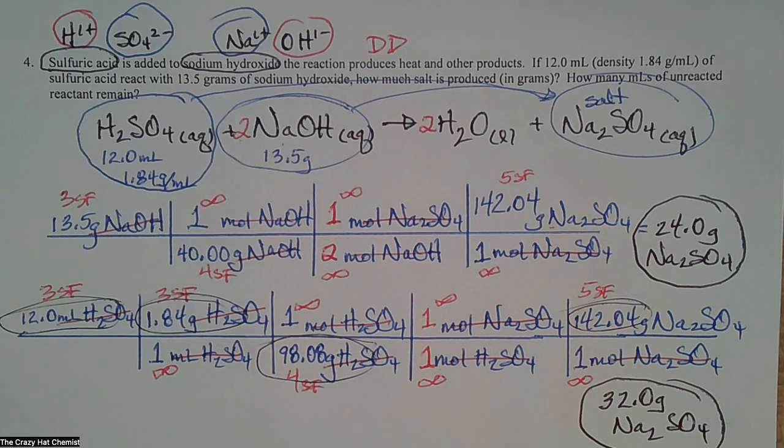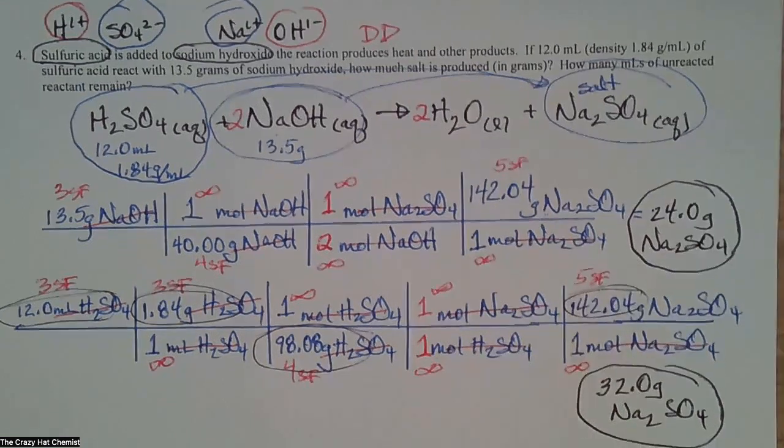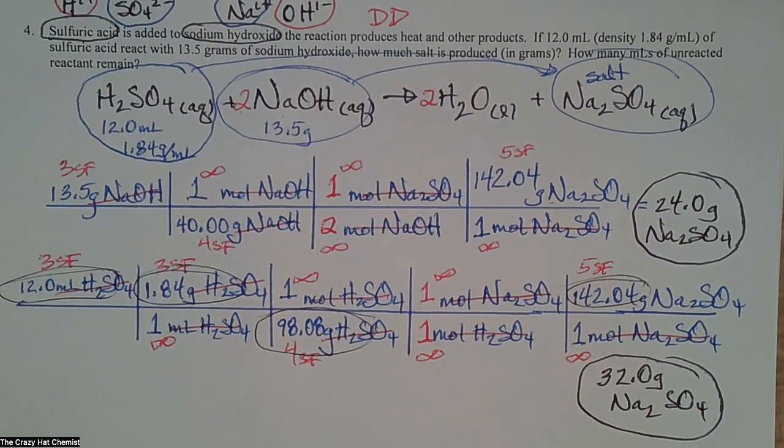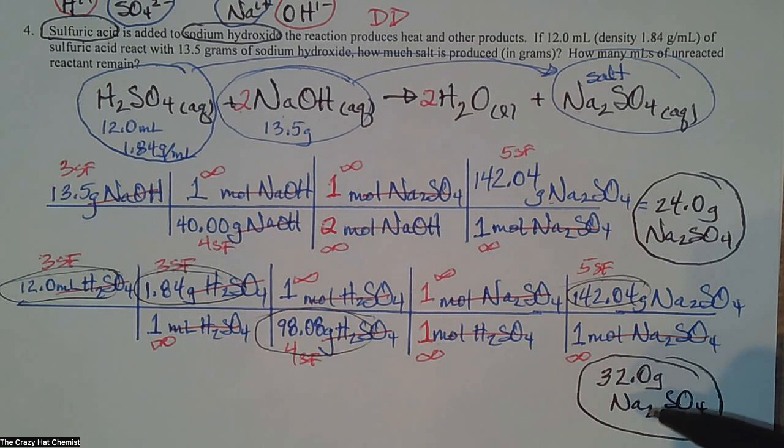Okay, and so let's see here. What do we got? What we got is we need to figure out how much product is actually formed. And in order to do that, I need to compare these 2 numbers here that I circled in the black. Okay, which number am I going to use? I am going to use the number that's the smallest.